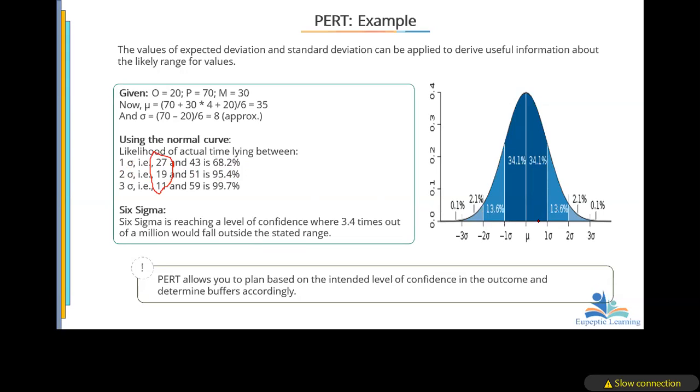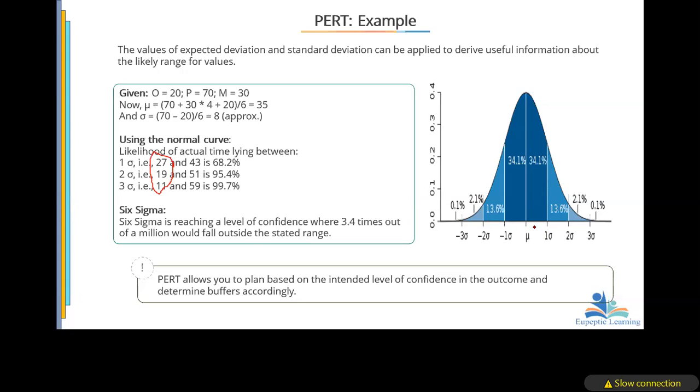You know that the normal curve is symmetrical, meaning that if you move to the right or to the left, it is the same. So 1 standard deviation to the right is here, then 1 standard deviation to the left is here.